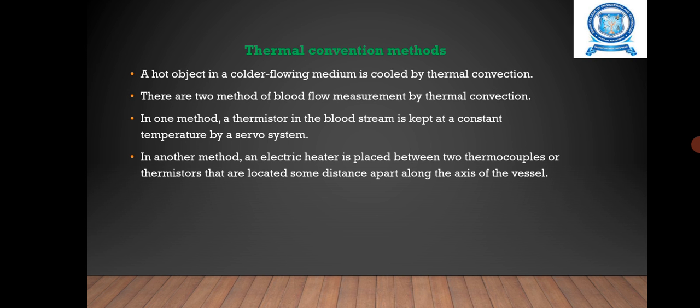The electrical energy required to maintain this constant temperature is a measure of the flow. In the other method, an electric heater is placed between two thermocouples or thermistors located some distance apart along the axis of the vessel. The device of the latter type is sometimes called a thermostromuhr, from the German.